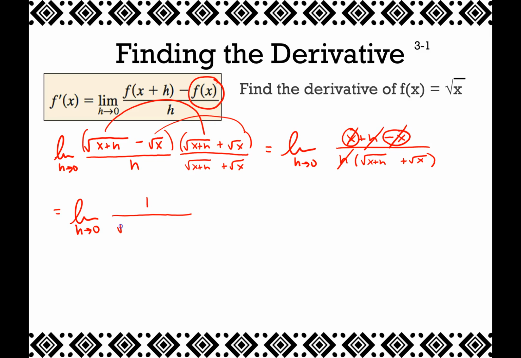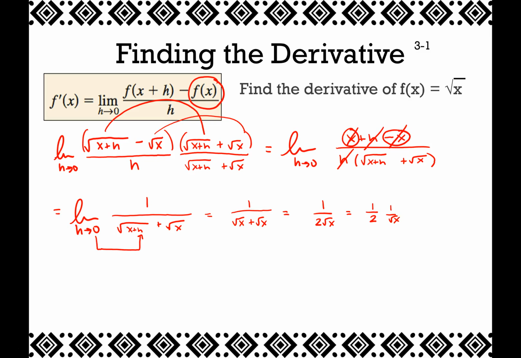And then our denominator is just going to be that square root of x plus h plus the root of x. Now remember, we're going to take this 0 now and plug in. So that's going to give me 1 over the square root of x plus the square root of x. And that's going to give me 1 over 2 root x, which is equal to 1/2 times 1 over the square root of x.